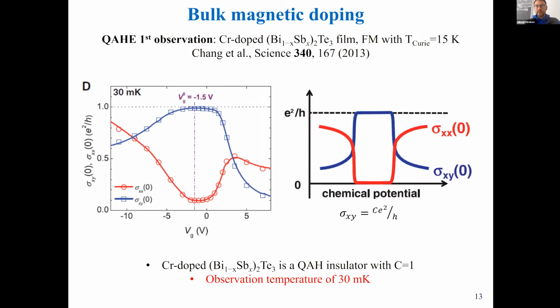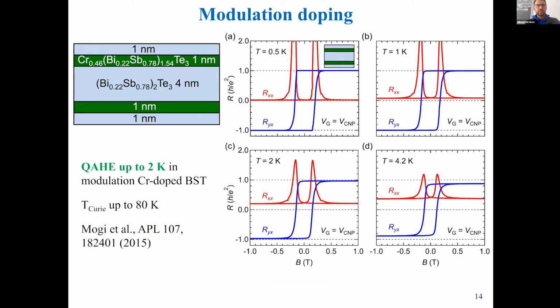Unfortunately, back then, the observation temperature was only about 30 millikelvin, but within 2 years, a huge leap of almost 2 orders of magnitude was observed thanks to this so-called modulation doping technique of the epitaxial growth of magnetic topological insulators.